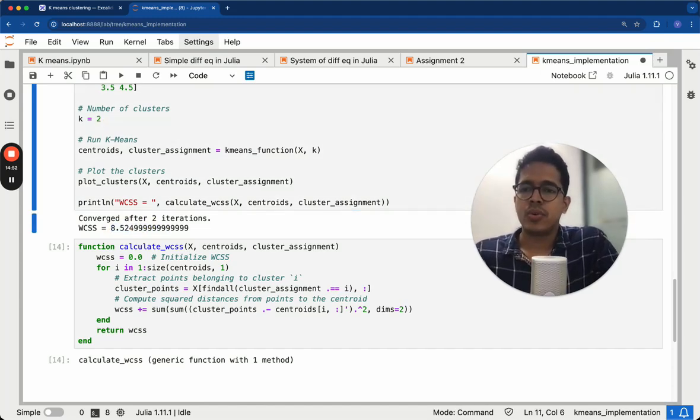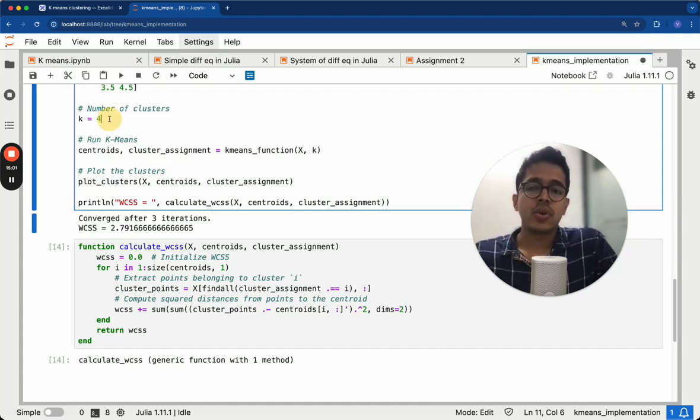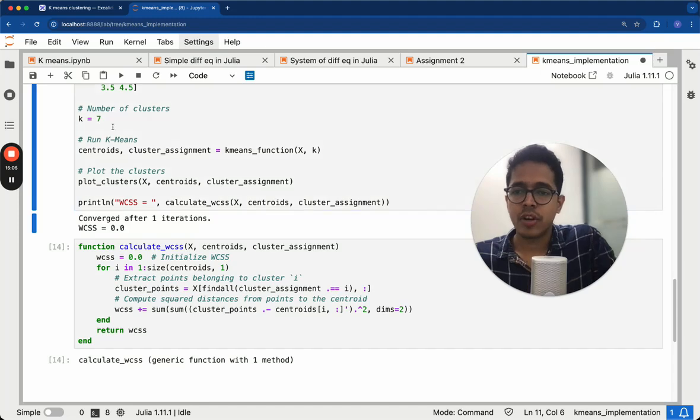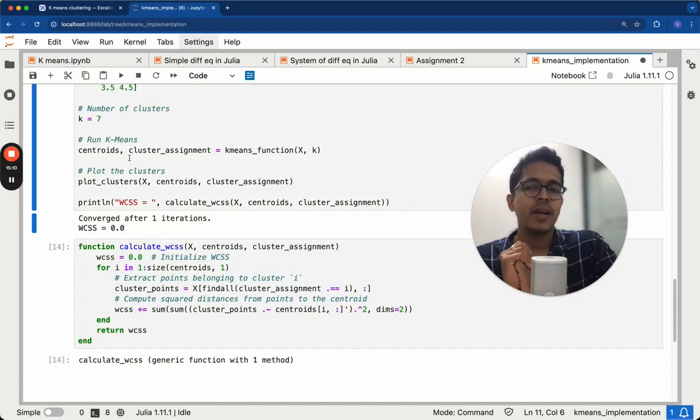Now, what if k equal to 2? When k equal to 2, it's 8.5. When k equal to 3, it's 2.5. When k equal to 4, it is 2.7. When k equal to 7, it should hopefully be 0. Do you understand why when k equal to 7, it is 0?